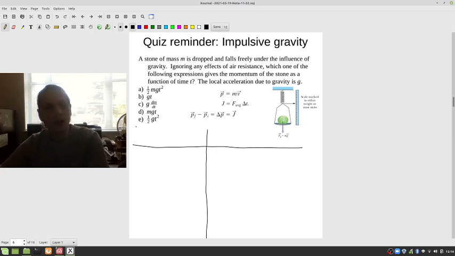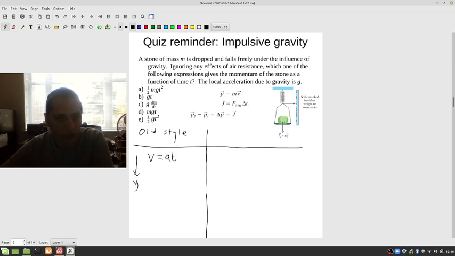Now, in the old style, what you would have done is something like this. You would have said, okay, I'm going to set up my coordinate system where my y is pointing like this, and I'm going to use my kinematic equations and say that v equals at plus v naught.